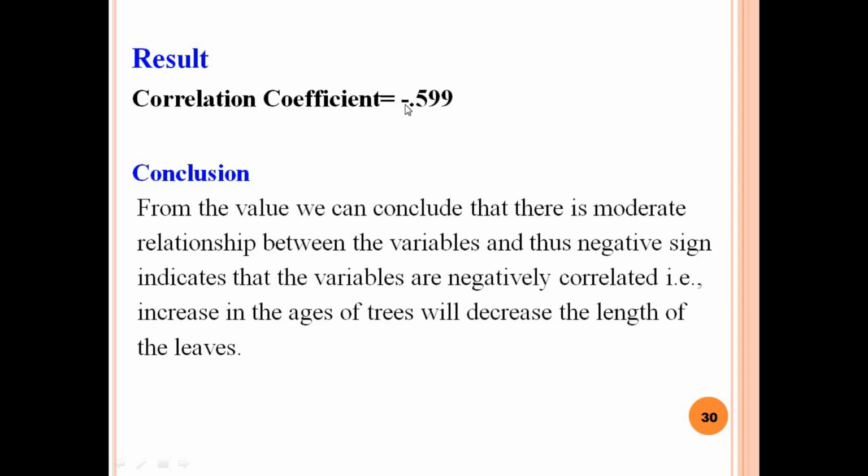Here the minus sign is there, so we can say that the variables are negatively correlated. That is what we can conclude. An increase in the age of mango trees will decrease the length of the leaves. So this is the conclusion. I think all of you have it clear.